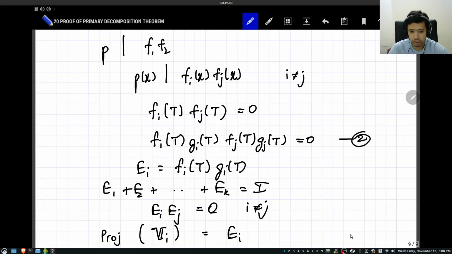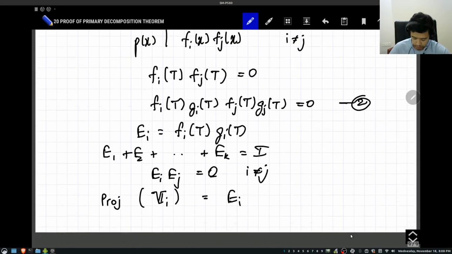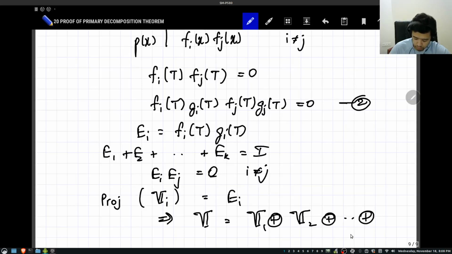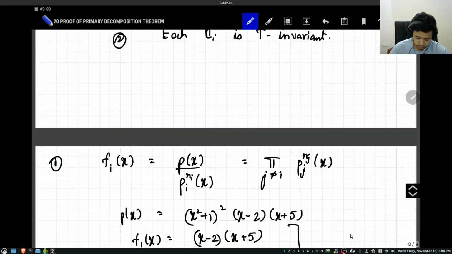It requires a little bit of work, but you can show that the projection is in fact equal to Ei, and these Ei's have the property that E1 plus E2 up to Ek is equal to I, and Ei Ej equal to 0, and this proves that V can be written as a direct sum decomposition of the Vi's, right?